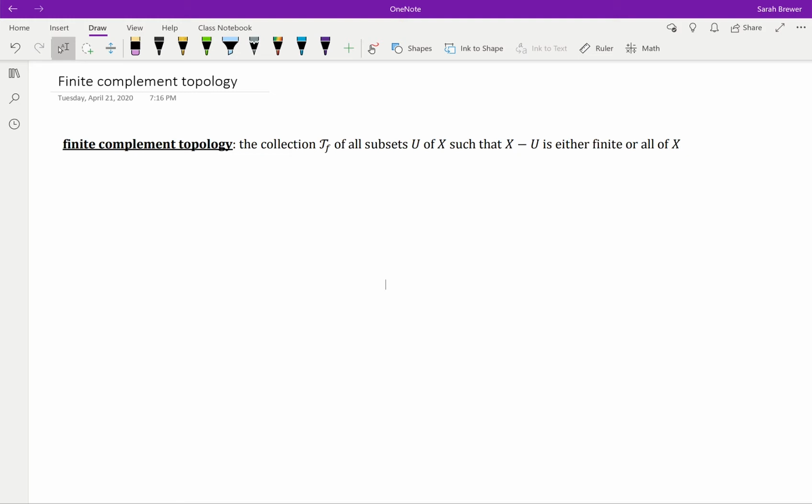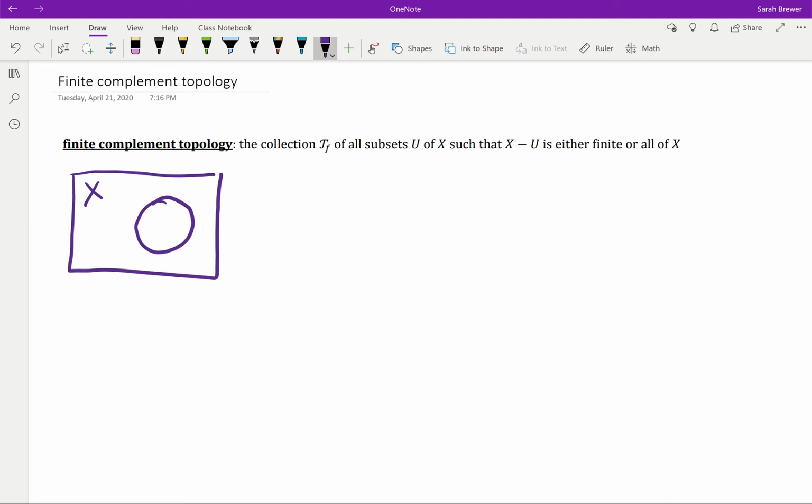And in order to understand what we're talking about here, let's recall what we mean by the complement of a set. Okay, so we have this space X, and in that space we have some subsets.